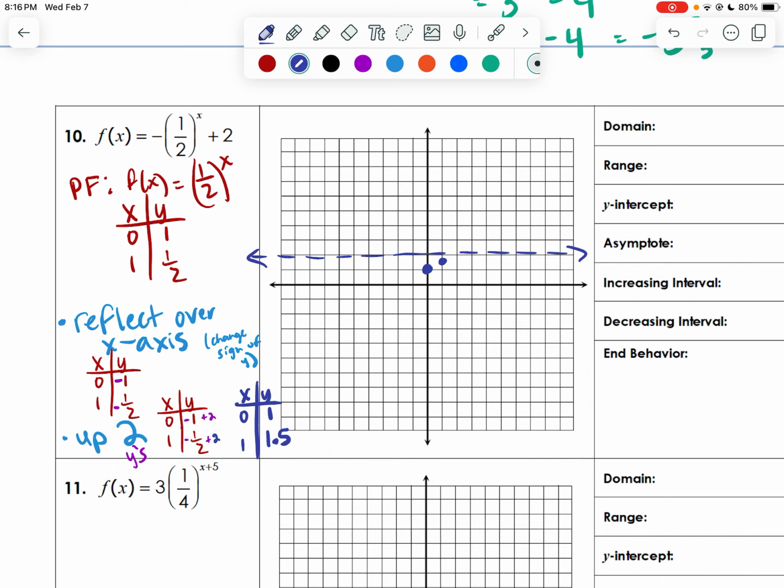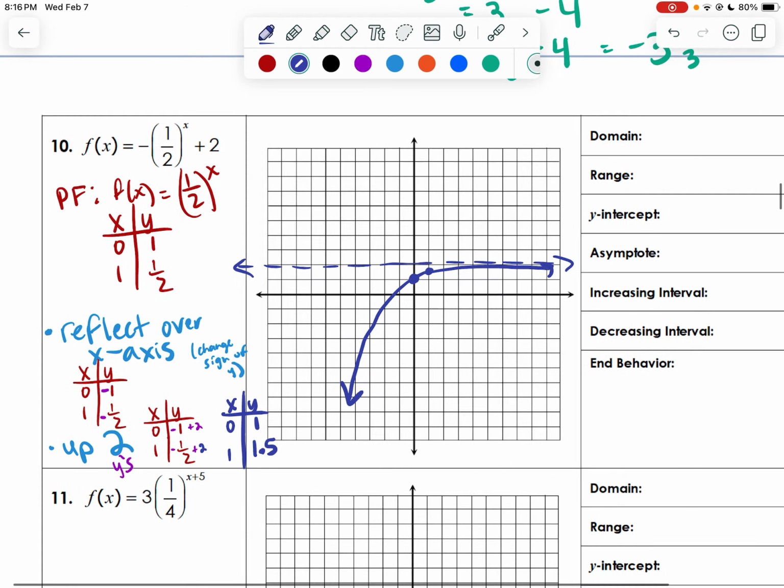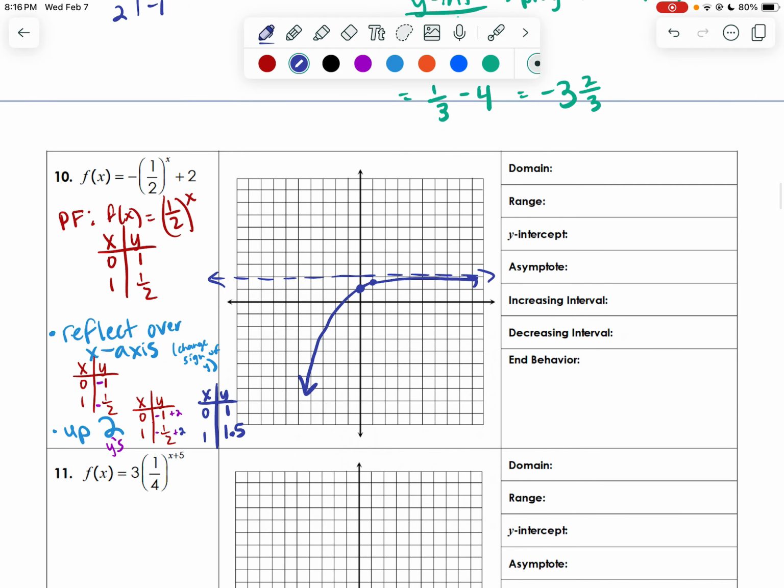Okay, so I know this is going to look a little weird, but it's actually flattening out up high, and then it gets really big fast. Now that big is actually like a big negative number. It's just shooting down really fast from the left. Okay, so actually it's coming up really high. Okay, so that part can be a little bit tricky. If you did it with the graph, you're just flipping points and then moving them up 2. So it's the same exact thing, but that's what your graph would look like.